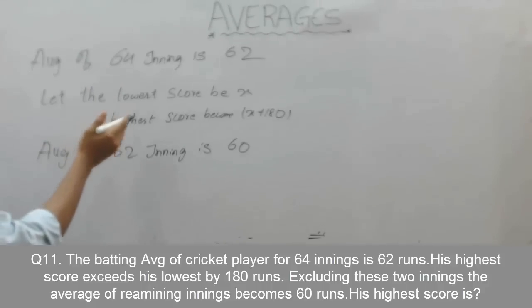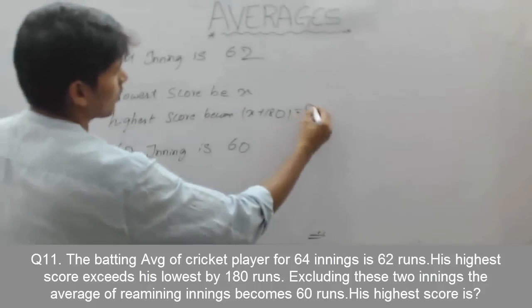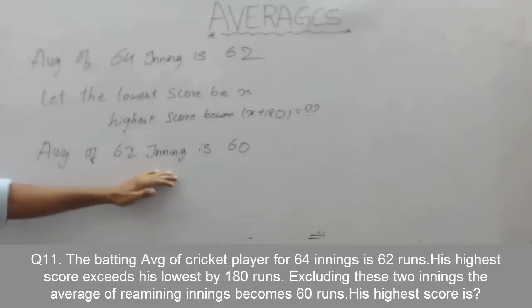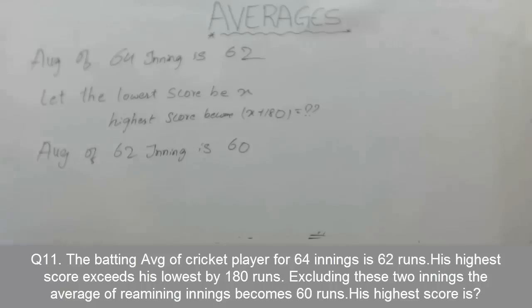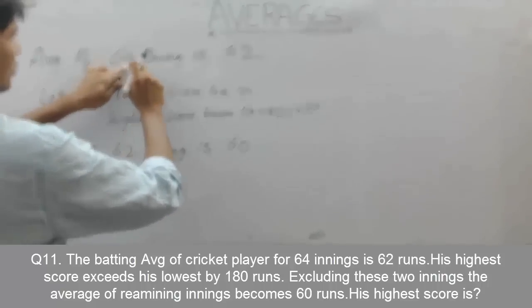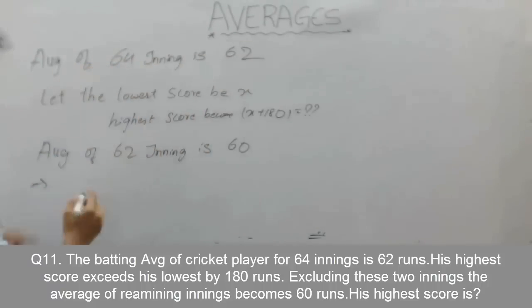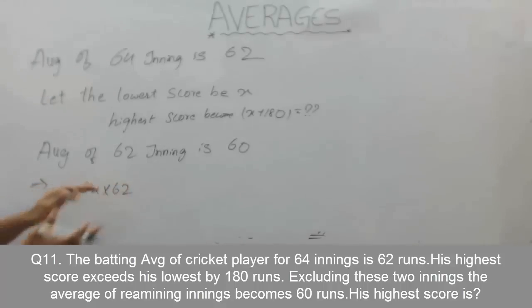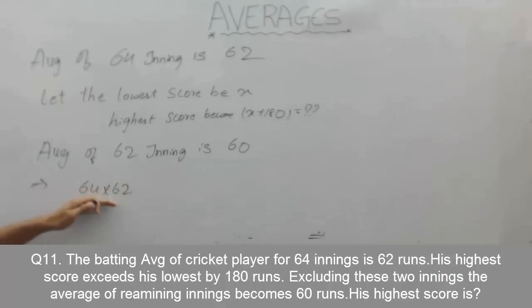Now he is asking us to find the highest score. So how are you going to solve this? It is quite simple if you take the sum. The total sum of 64 into 62 is the total number of runs scored by the person in 64 innings.